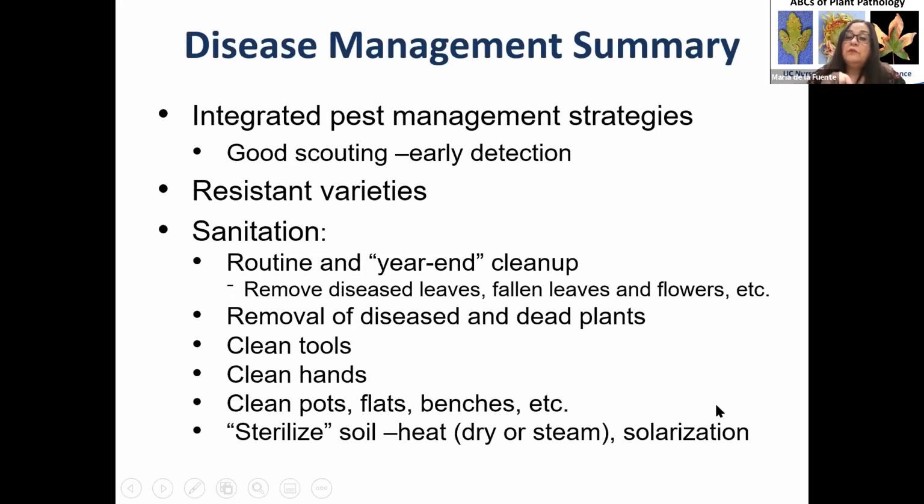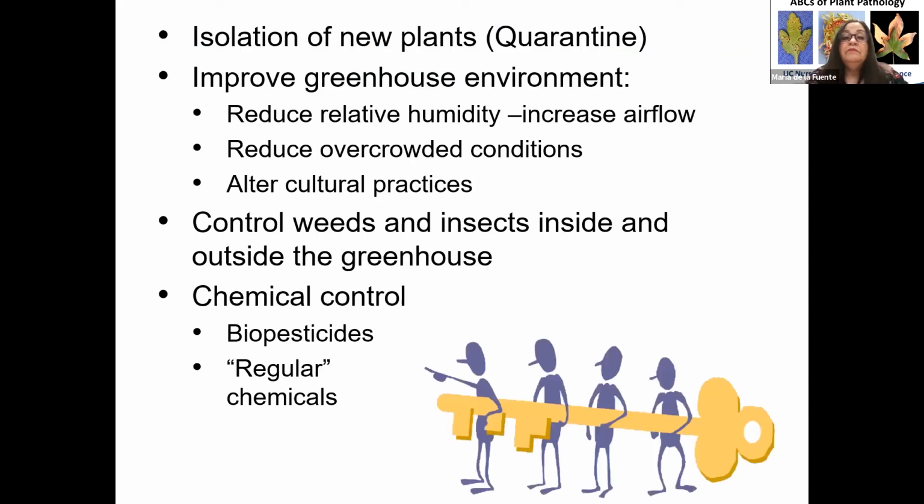And with a thermometer, you measure what type of temperature. You put it under a plastic bag, you create a greenhouse effect, and the vapor that generates kills the pathogens if you reach the temperature that you are aiming for.